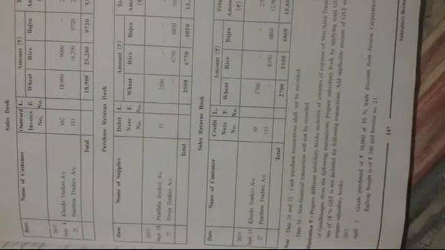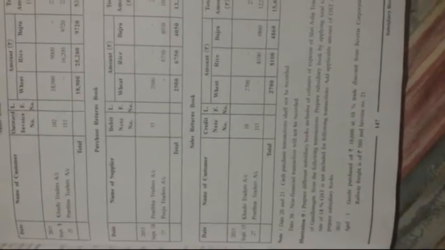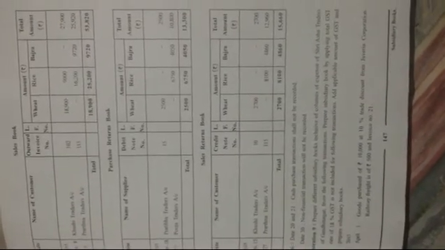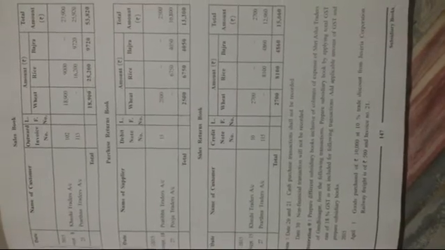The question says: prepare different subsidiary books, inclusive of columns for expenses, of Sri Asha Traders of Gandhinagar from the following transactions. Prepare the subsidiary books by applying a total GST rate of 18%. GST is not included in the following transactions, so add the applicable amount of GST and prepare the subsidiary books.